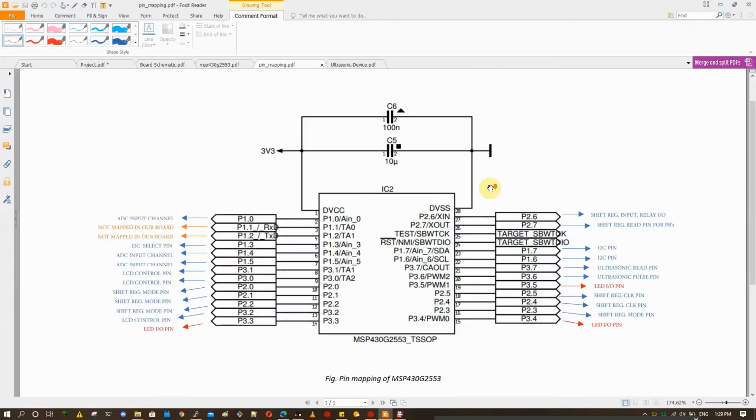As we see on the screen right now, here is a pinout of our MSP430 microcontroller, and we see what each pin has been used for. All the available pins that were mapped out of the controller have been used for some purpose or the other, and to keep the code complexity to a minimum, we did not implement them as multiplexed pins. Basically, we kept one purpose to one pin.